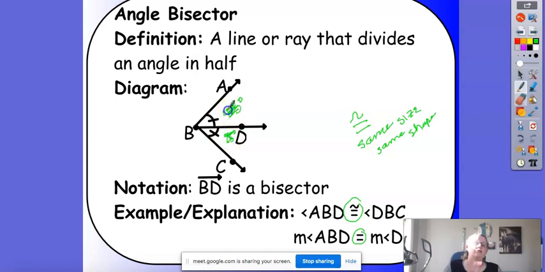If you're talking about two things that are the same size and same shape, you use this little symbol. If I've got some numbers in there, then I can use the equal sign. And if it asks for the measure of an angle, it wants to know the degrees. Otherwise, it's just talking about the angle. I'm going to go over that at the very end too, because we always have that question, usually on the first two tests. Okay?